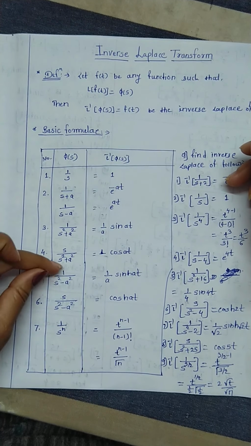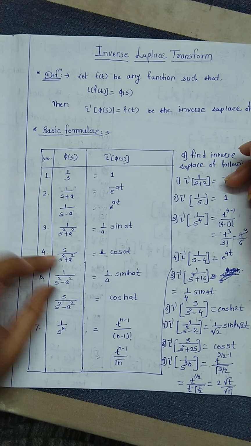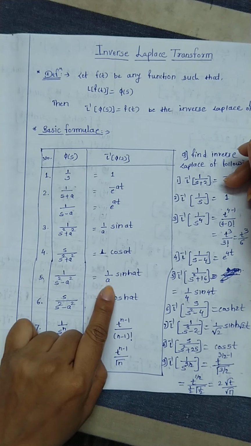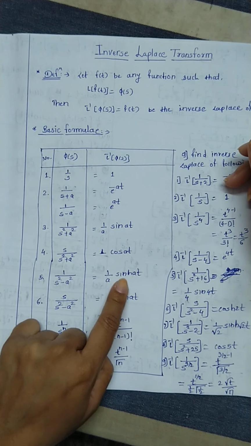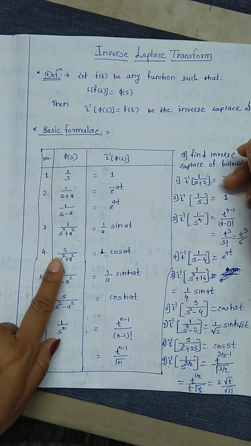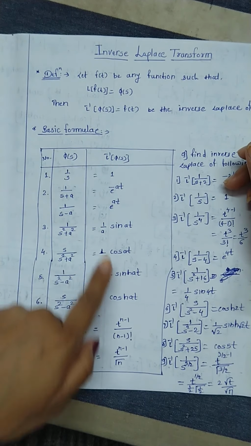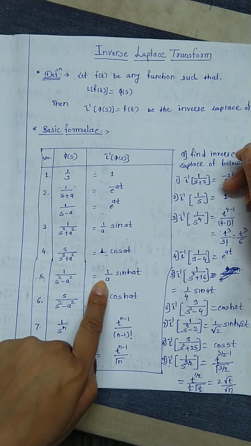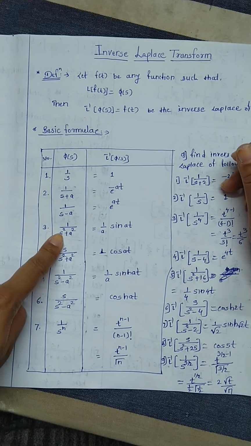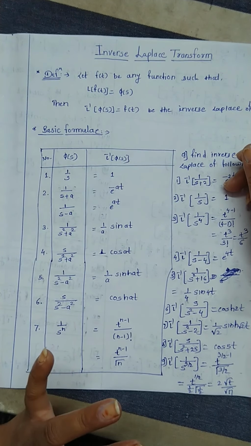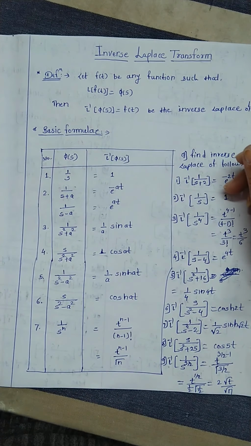This one is sine hyperbolic, and don't forget this 1 by a term. Because the numerator of sine contains a, that a takes to the other side, so we get 1 by a everywhere whenever sine is there. In the denominator, if plus is there, it is the normal function. If minus is there, they are hyperbolic functions. Okay, these are the only formulas.